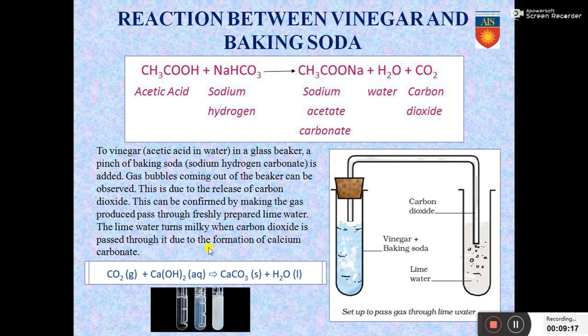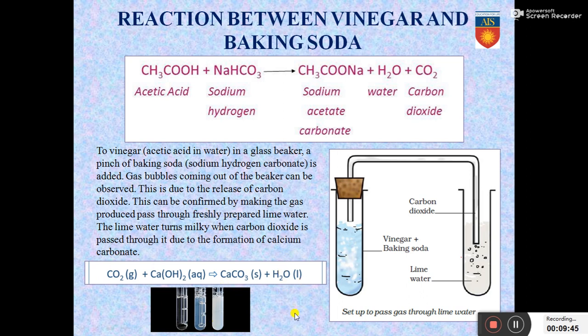Why is it turning milky? Now we know for a fact it is concluded that carbon dioxide gas is what is produced because apart from carbon dioxide no other gas can turn the calcium hydroxide milky. Why is it turning milky? Because of the formation of a new compound called calcium carbonate, which is a solid, and that when dissolved in the water is making it appear milky.